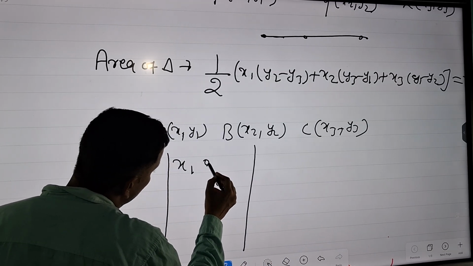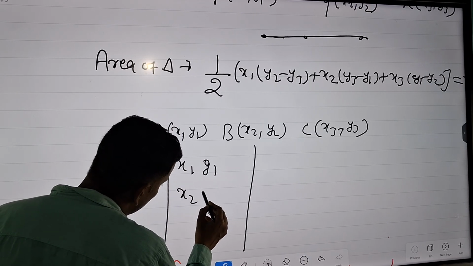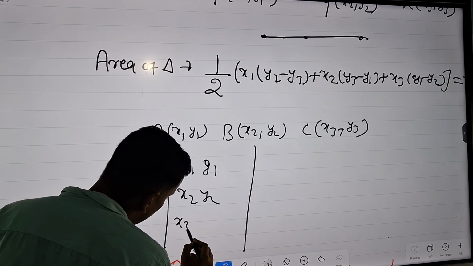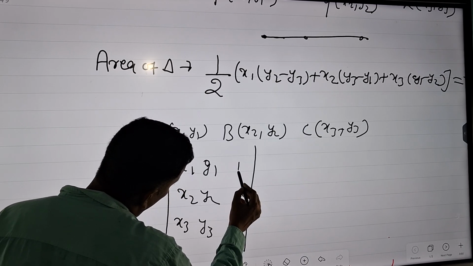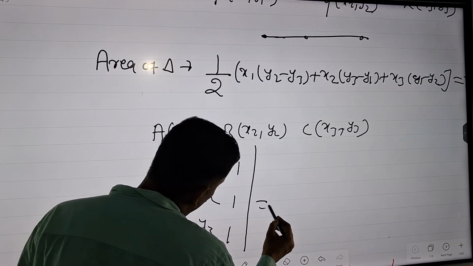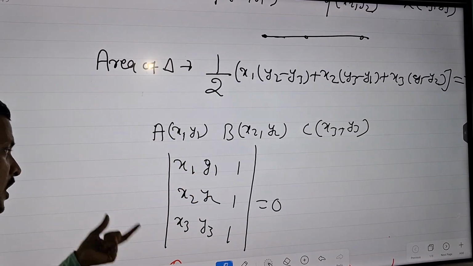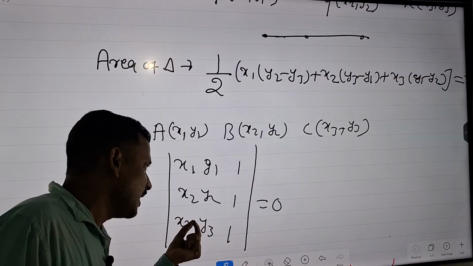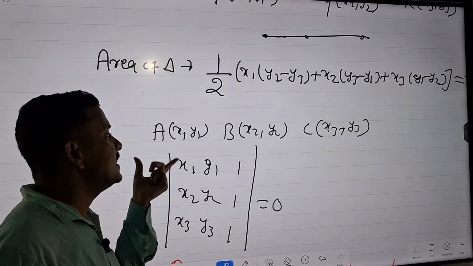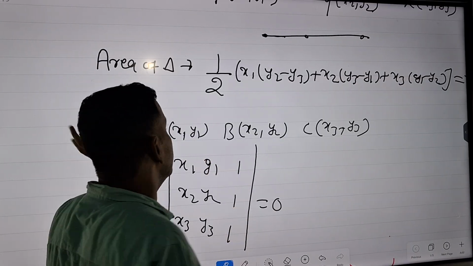Here you have to write x1, y1, 1; x2, y2, 1; x3, y3, 1 equals to 0. If the value of this determinant is 0, then these 3 points will be collinear.